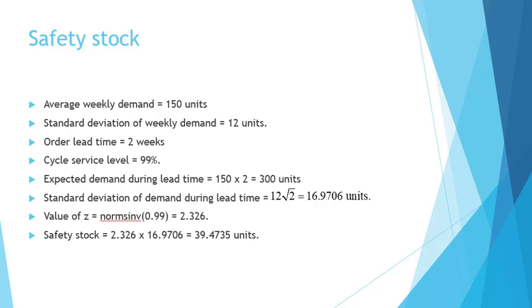Consequently, the safety stock will be Z times the standard deviation of demand during lead time, which is 16.9706. After we performed the calculation, we found that safety stock is equal to 39.4735 units. If we round it, we can use a safety stock of 39 units.